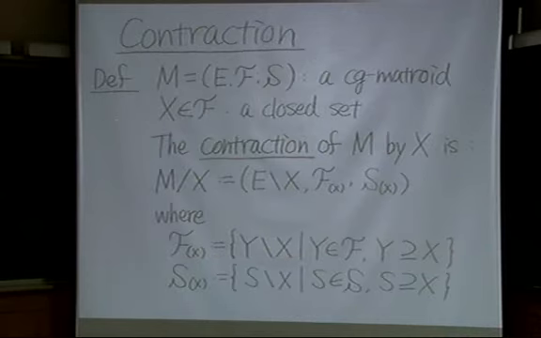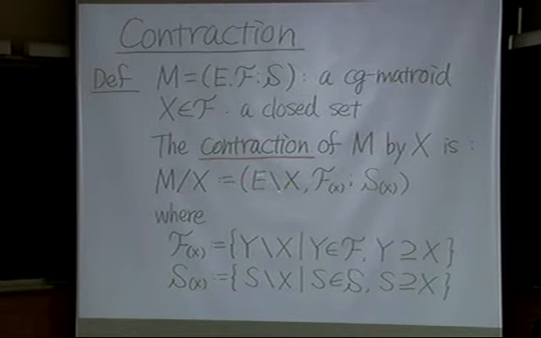Okay, now I will talk about contraction. Contraction is defined as follows: let M be the CG matroid with the family of spanning sets, and let X be a closed set. Then the contraction of M by X is defined to be a pair.